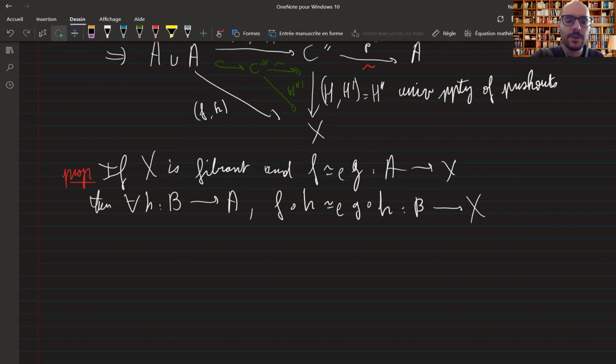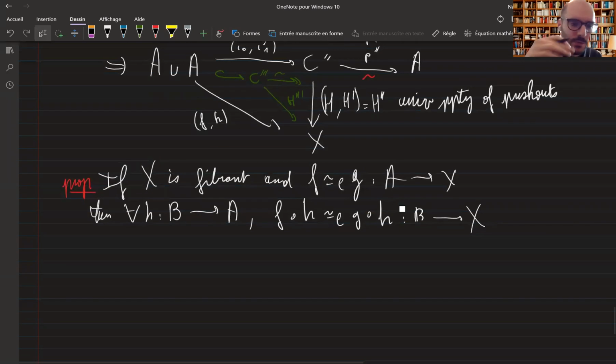We have a condition about the target. So this is also a general feature of model categories. Very typically, the source will be asked to be cofibrant, and the target will be asked to be fibrant. Because if you remember the lifting properties, fibrations were always on the right, on the target side, and cofibrations were always on the left, on the source side.